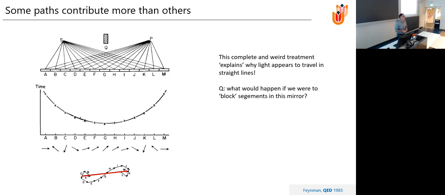It's not intuitively very clear, but what would happen is that this turning around of these arrows, because they all have opposite lengths, if you would very systematically take out a few segments here, then this going around would not be possible anymore, and you would get a final arrow that points in a direction like this. So it would seem to appear that the light does not travel in a straight line anymore. You can actually make such a thing. It's called a diffraction grating.